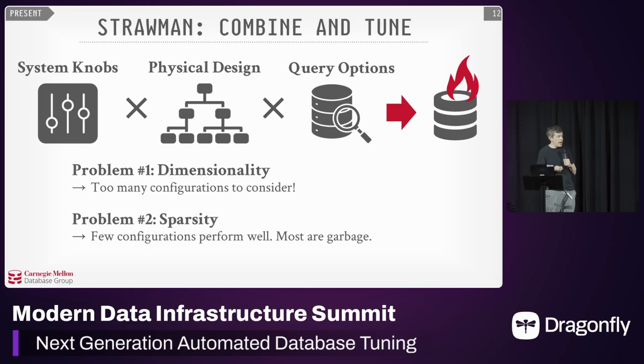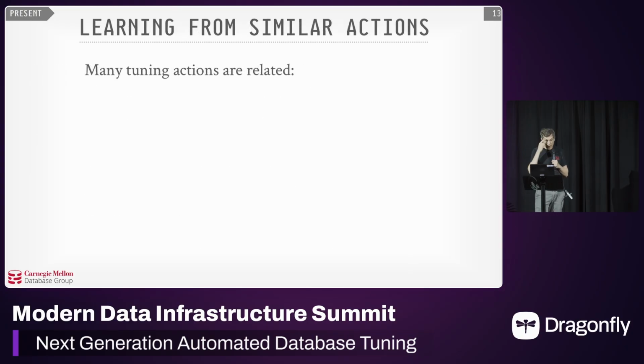The other big observation that we had is that many of these choices we could use to optimize the database system are actually redundant, very similar to each other. Therefore, we don't need to look at every possible discrete choice. If we can understand how certain configurations make a difference, we can infer how ones that are very similar to it will also help or not. So what do I mean by that?